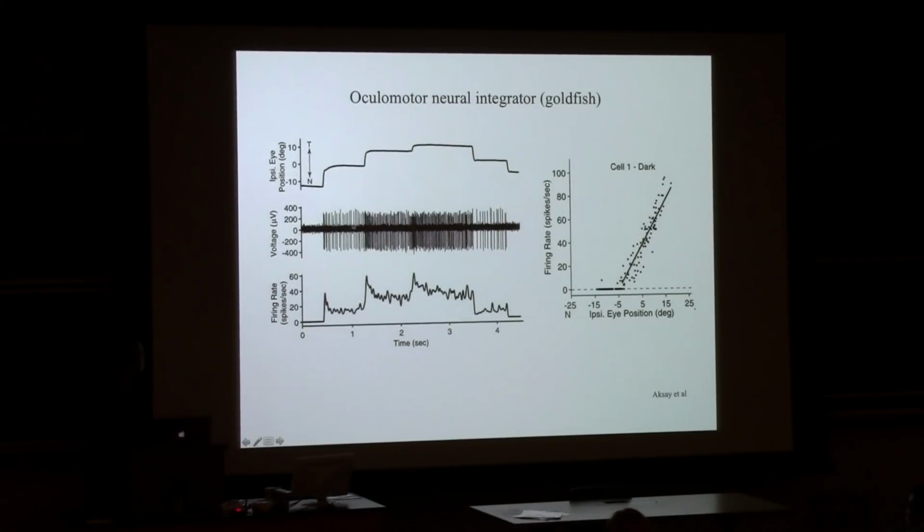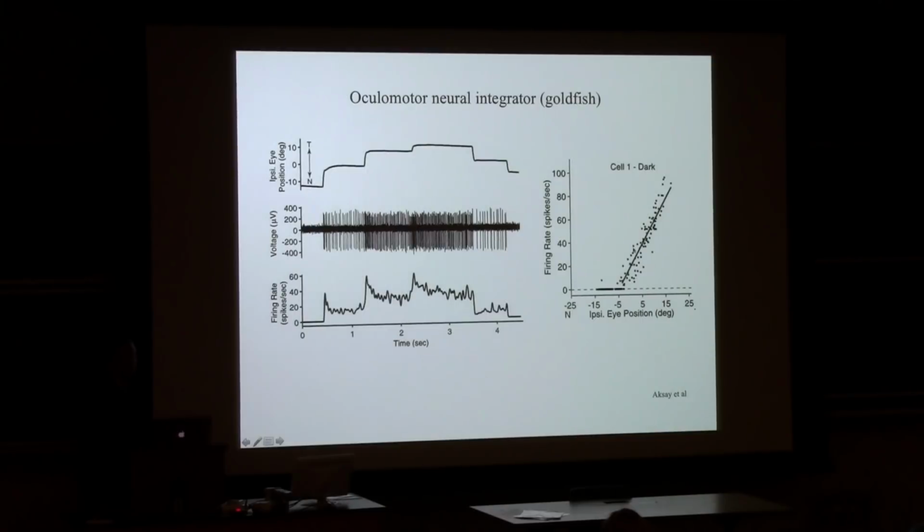The activity of the neuron, you see, have a different firing rate. So you plot here, the firing rate is almost like a linear function of the eye position. Right? So this is the instantaneous firing rate, just like you have a small time window to see the instantaneous firing rate as a function of time. So you see there are different levels of activity that correspond to different eye position.